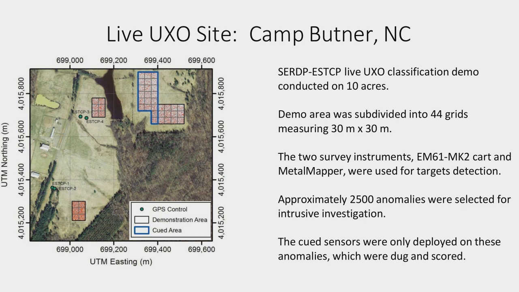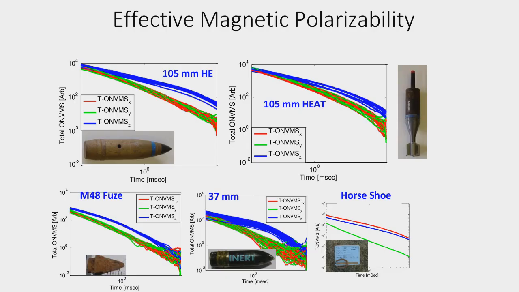And none of this information was given to us, to assess our algorithms. So we got these data sets and processed them and extracted what we call the magnetic polarization, which is the effective magnetic dipole along the target's main axis.